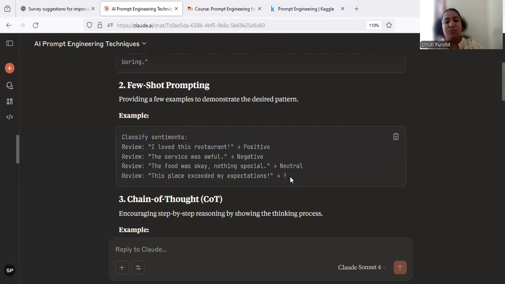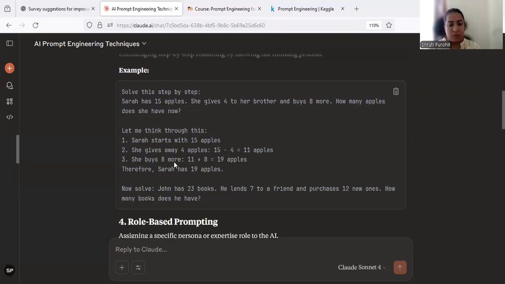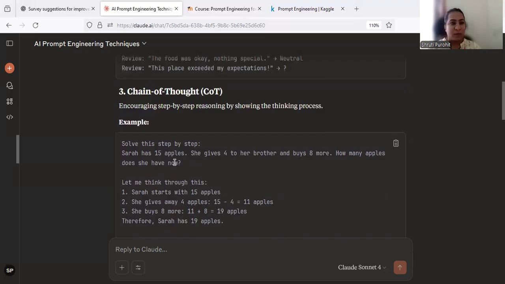What will be the sentiment for this particular statement? This is nothing but few-shot prompting, where we provide a few examples while stating our task, that this is my task and this should be the output.